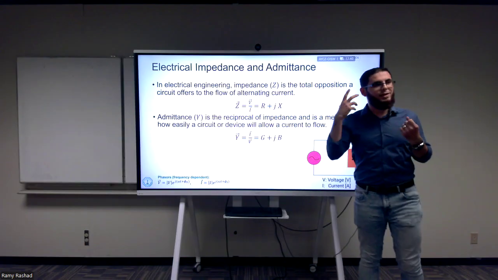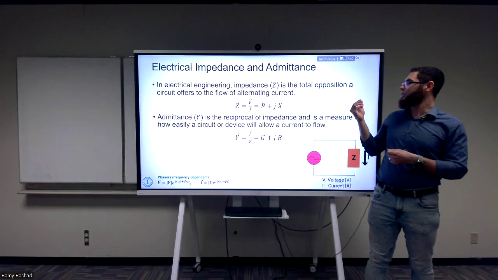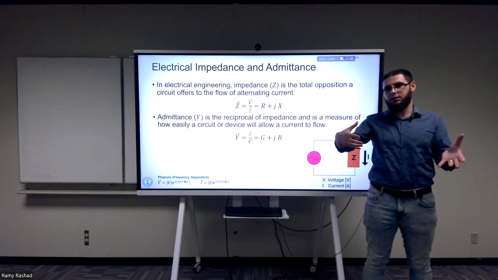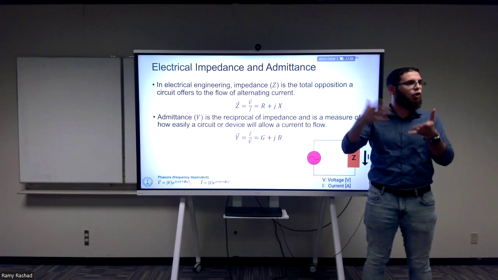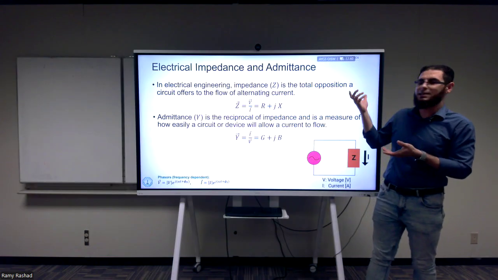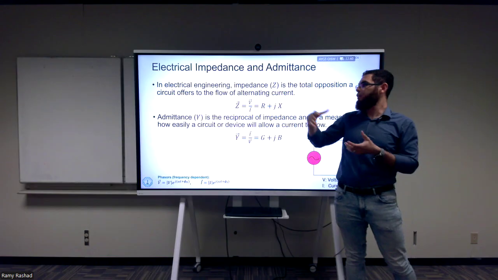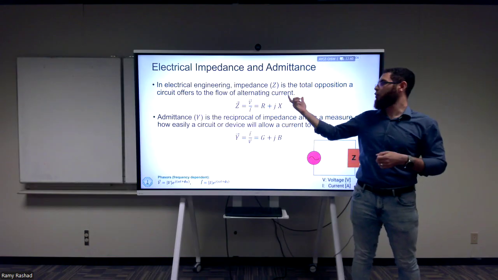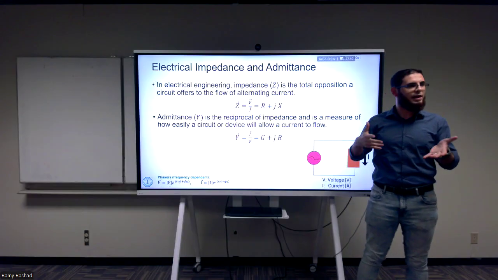You can always think of impedance as the total opposition that a circuit, which can have resistance, inductance, capacitance, more complicated stuff, offers to the flow of some alternating current. Usually we talk about the impedance when we have an AC circuit.